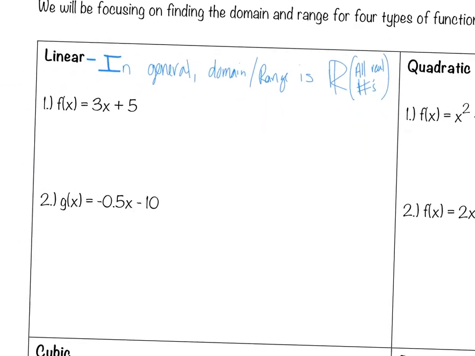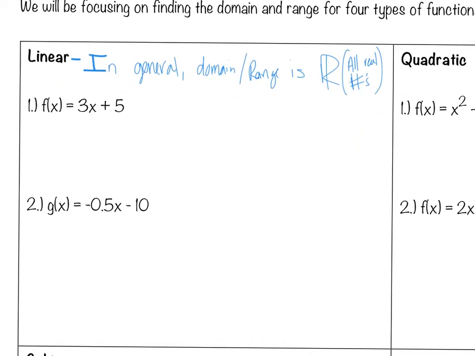So, in general, linear functions will go to infinity in all directions. If you can imagine a line, any line, it is going to be going from left to right and up and down in both directions for an infinite amount. So the domain, the x values, and the range, the y values, is going to be infinite, or all real numbers.